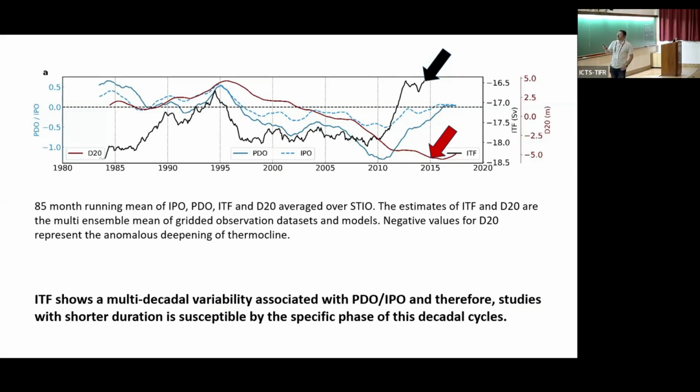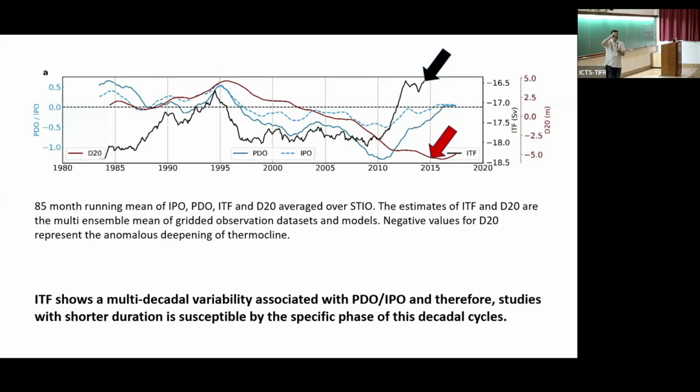But the story lies here, which is my interest, that is the red curve, the D20 of the South Tropical Indian Ocean. When the ITF is very strong, it pushes extra warm water to the South Tropical Indian Ocean, the 20 to 30 south domain.